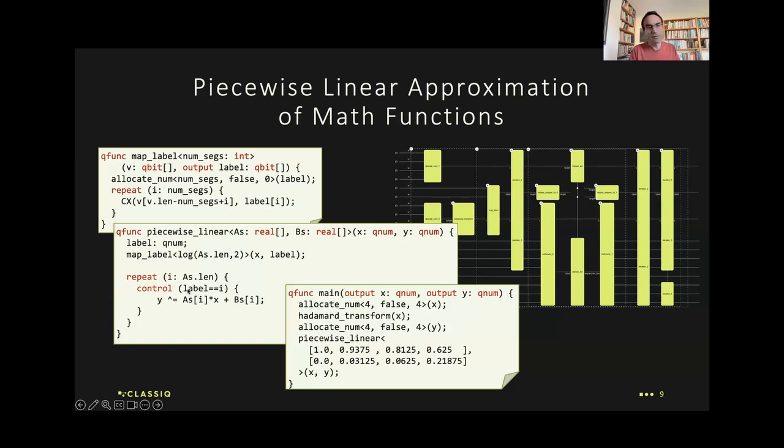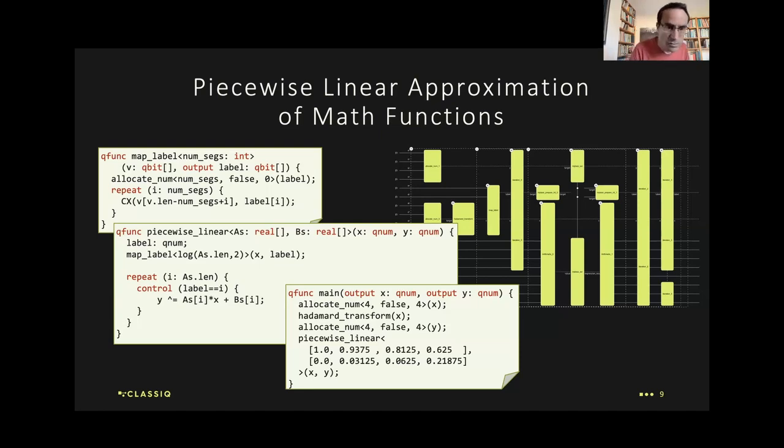And of course, this is all coherent. So I can see if I feed it with a superposition of like here, if I feed my function with x in a uniform superposition of all values, I see for each of the values the respective value for this approximation of hyperbolic tangent.